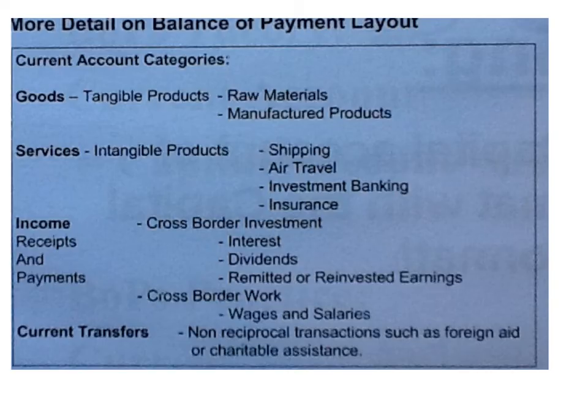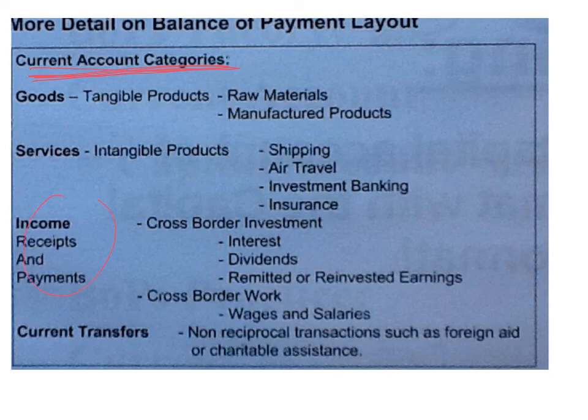Now look, if you want more detail on what those various sub-accounts contain, so these are the sub-accounts for the current account, then you just come and look at this page. But what I need to say is that we're looking at the latest balance of payments format. It's changed within about the last year, maybe two years.